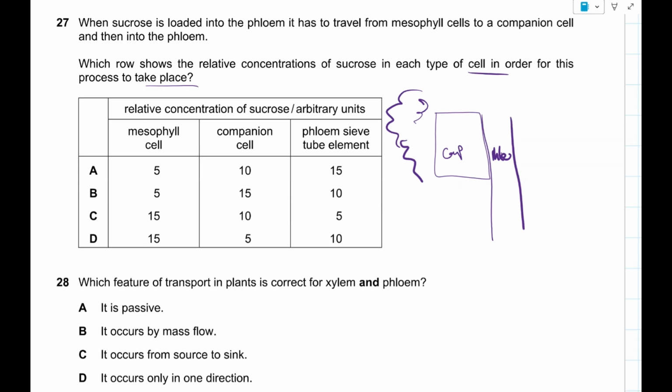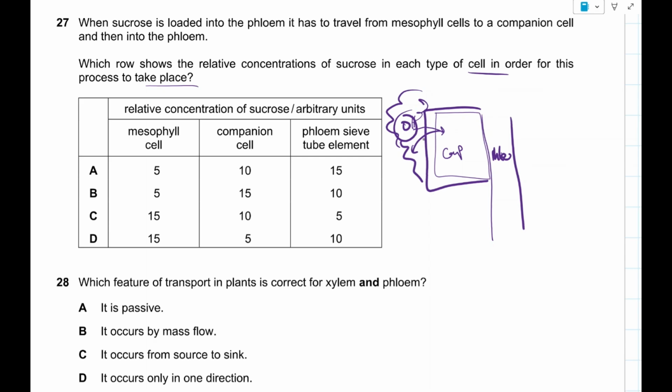Now, as I mentioned earlier, the companion cell pumps hydrogen ions to its cell wall and then combines with sucrose, not really combined, but they go back in together. So hydrogen goes down its concentration gradient and sucrose against concentration gradients.